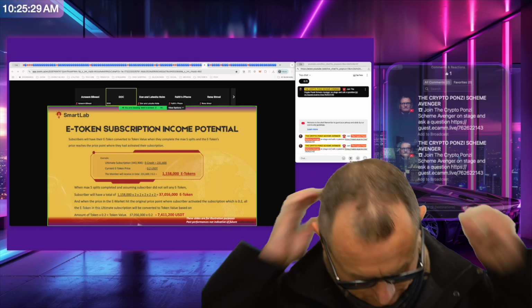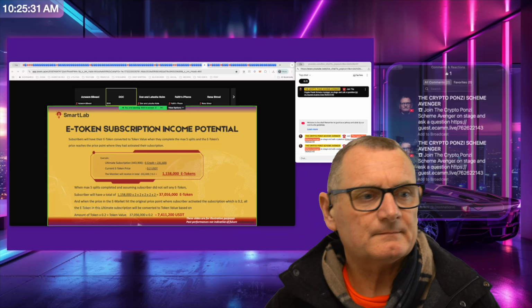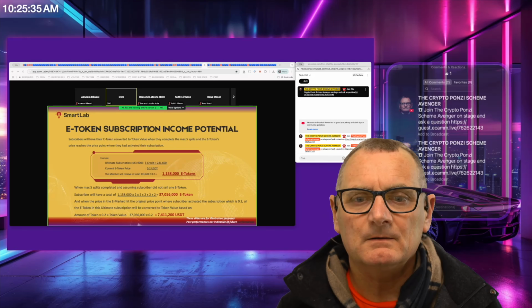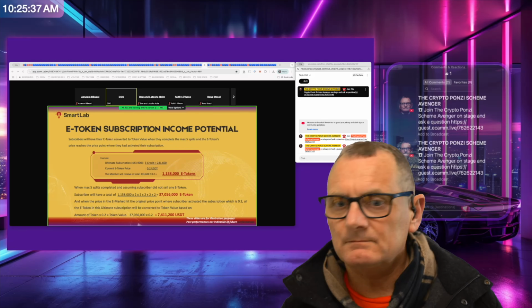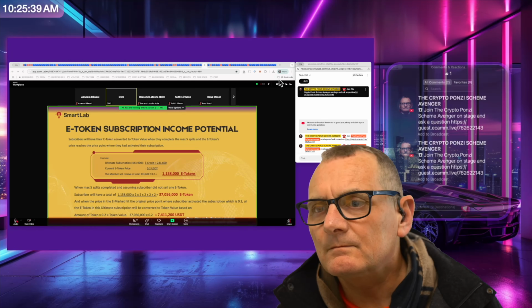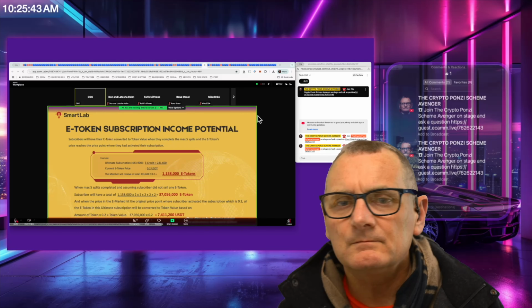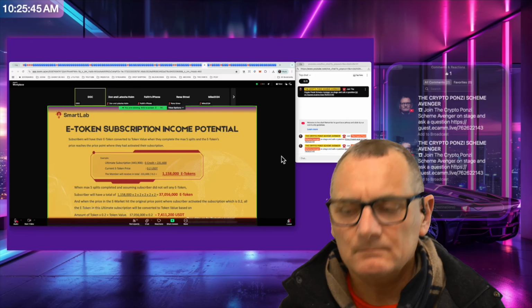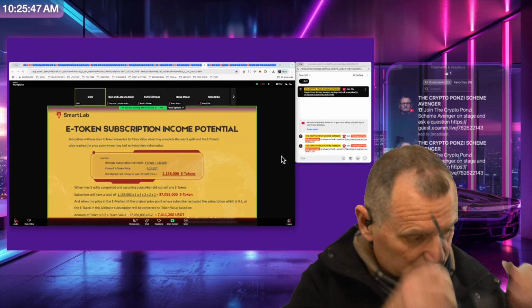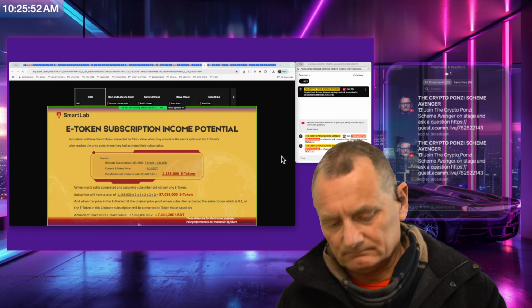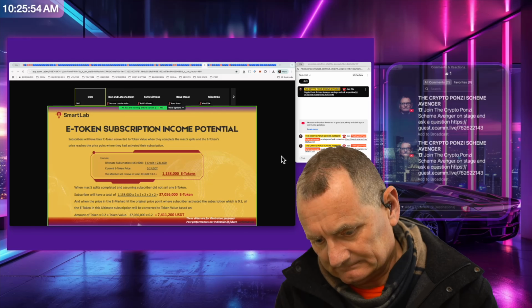When the price in the e-market hits the original price point where the subscriber activated subscription, which is 0.2, all the e-tokens in this subscription are converted to token value based on the token value. That's 7,411,200 in USDT value, of which the PV value of the subscription can be withdrawn 4 times between splits.